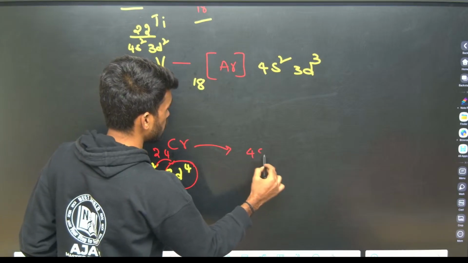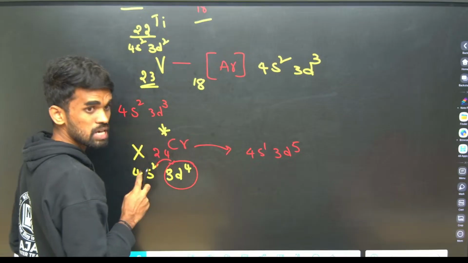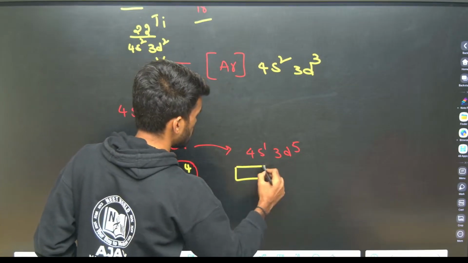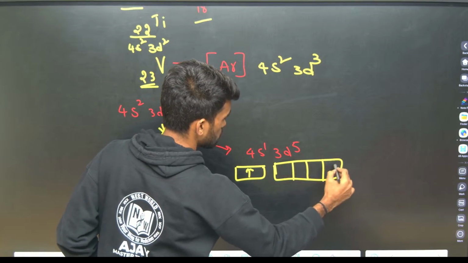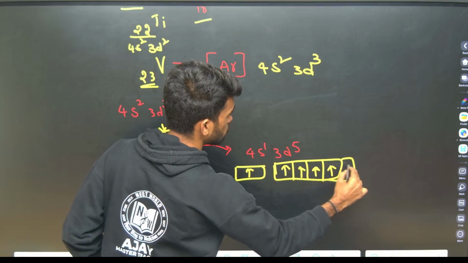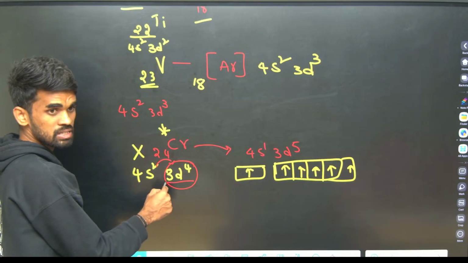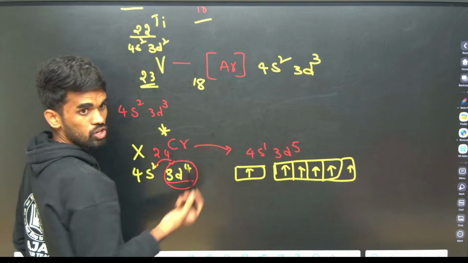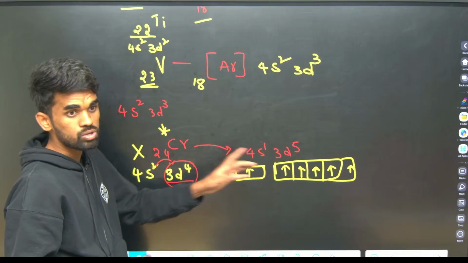So 4s1, 3d5. Okay, this is an exception because of half-filled configuration. You can remember like this: 1, 2, 3, 4, 5. Instead, here if you fill like this, having one vacant orbital, if I fill one electron, maximum multiplicity is there, more stable.